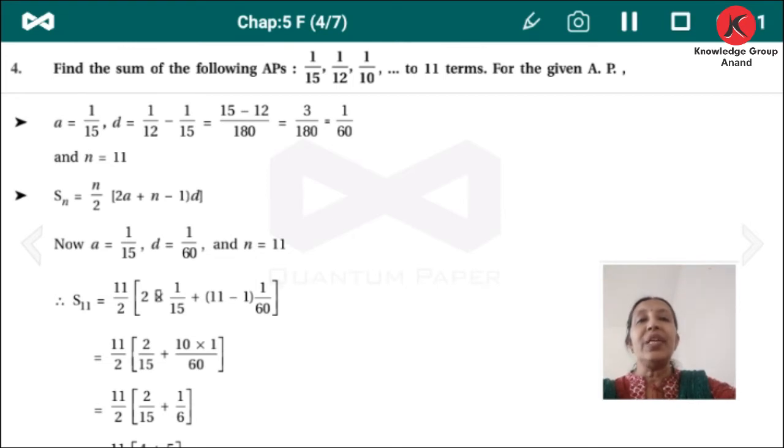S11 is equal to 11 by 2 into (2 into 1 upon 15 plus (11 minus 1) into d), where d is equal to 1 upon 60.